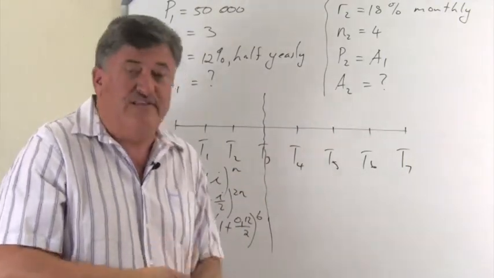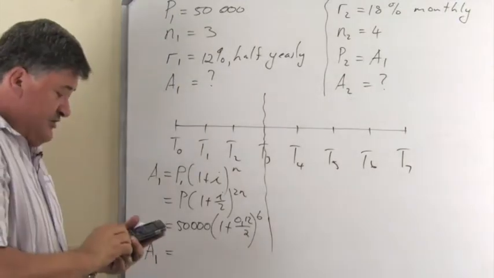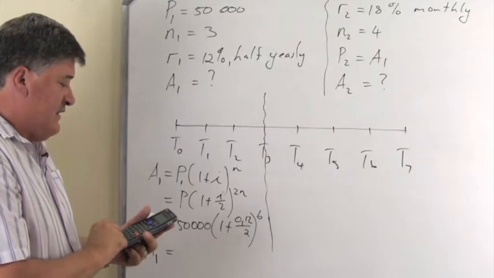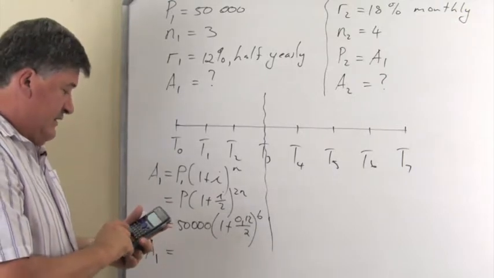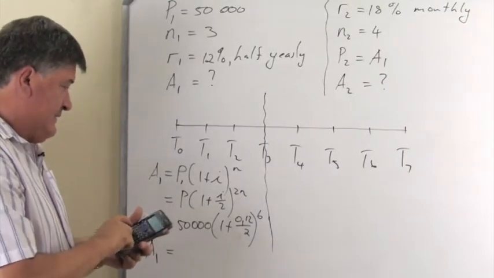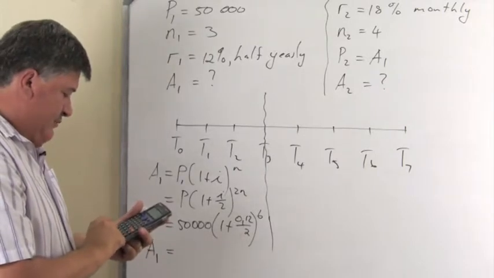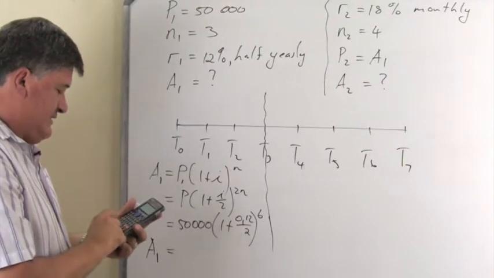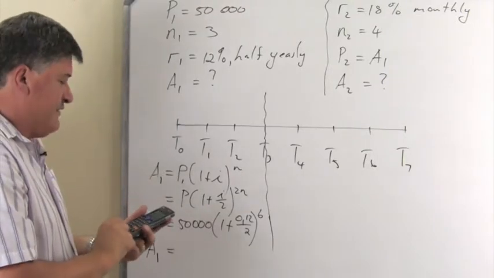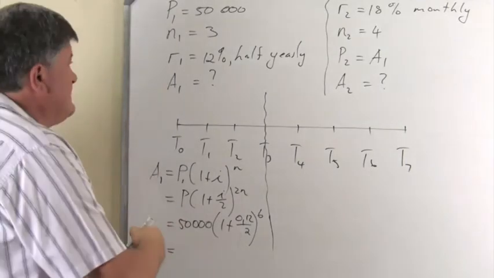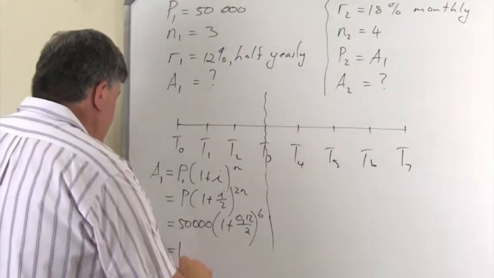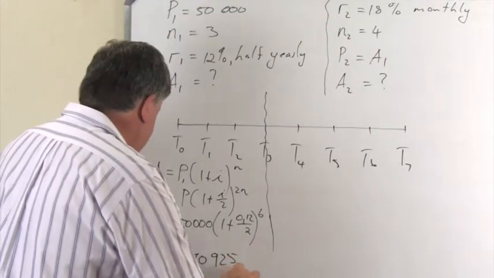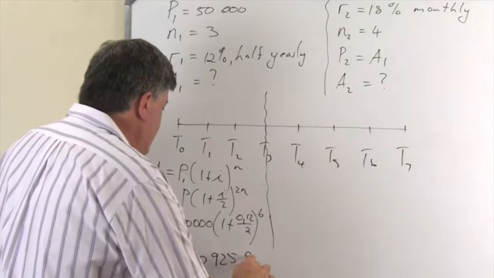So let's first do this calculation. As you can see, not a very difficult calculation. We've done it many times. The 50,000 Rand, the bracket 1 plus 0.12 over 2, we close it and we raise it to the power of 6. And I've got 70,925.96.